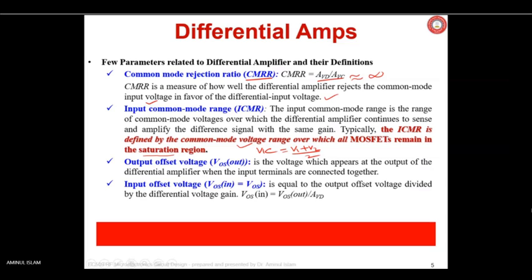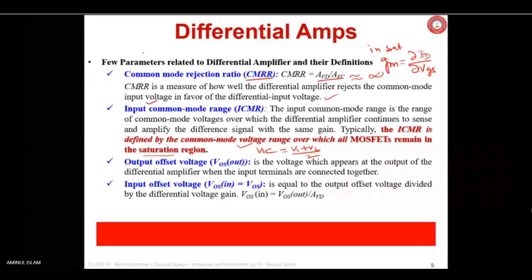when we design a CS amplifier, for example, or that kind of MOSFET based amplifier, we bias the MOSFET in the saturation region, because in the saturation region gm is very high. We get high gm. gm is defined as delta ID by delta VGS, and this is very high in the saturation region.